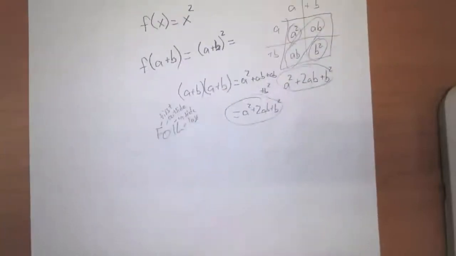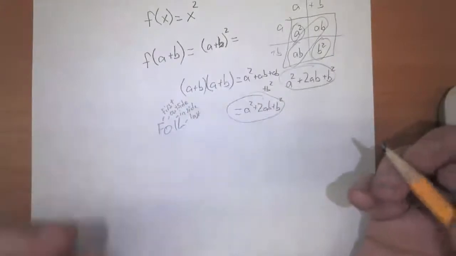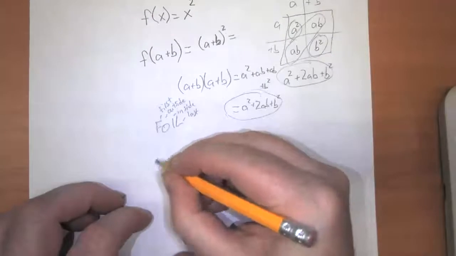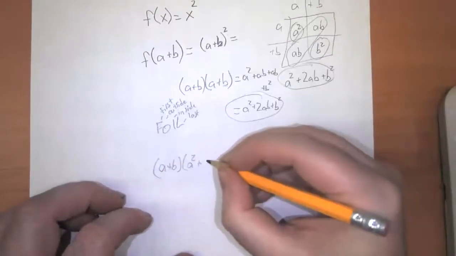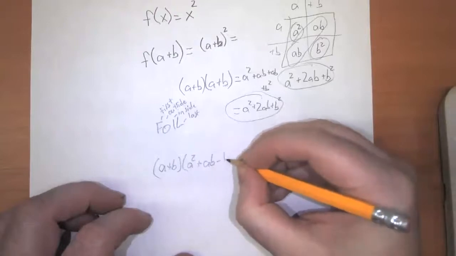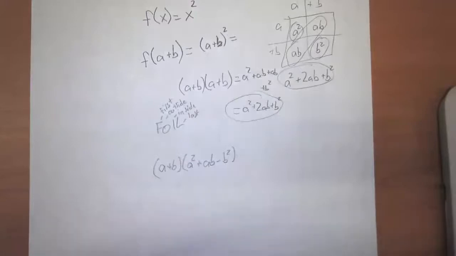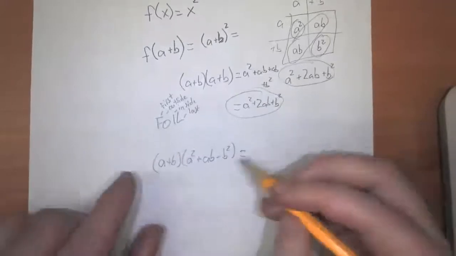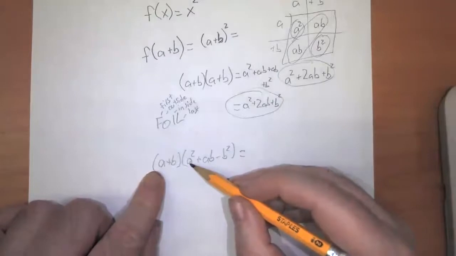And sometimes we find ourselves using something like the FOIL method if we're multiplying something more complicated, like if I wanted to say (a plus b) times (a squared plus ab minus b squared), for instance. If I wanted to do this in a coordinated way, making sure I don't forget anything, I can start with the first term of the first polynomial and the first term of the second polynomial.